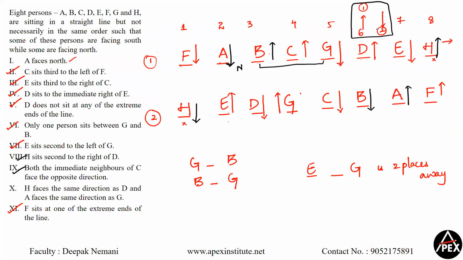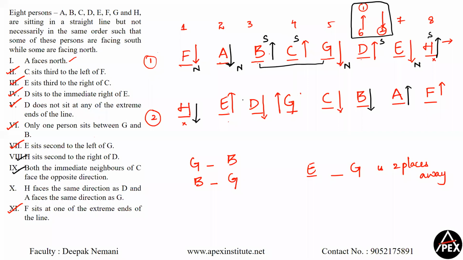Direction 1 can be north or 2 can be north. We don't know. So in case 1, direction 2, this is north. So this is north, this is north, and this is north. E are facing north, and this direction will be south. So B, C, D, and H, they will be facing south.